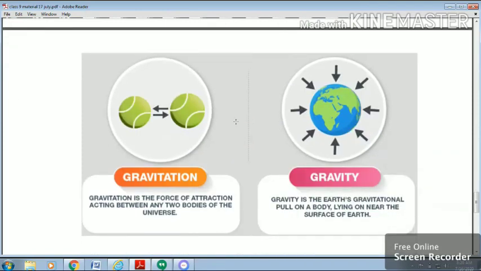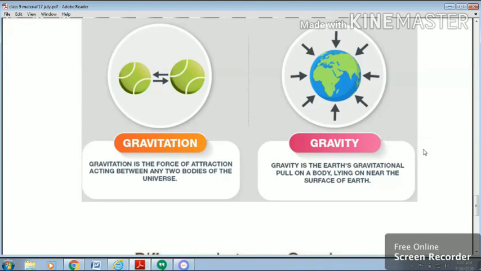So with this diagram it is very much clear. Small g, the gravity, is the earth's gravitational pull on a body lying near the surface of earth, and gravitation is the force of attraction acting between any two bodies of the universe. Here it's the earth's gravitation.